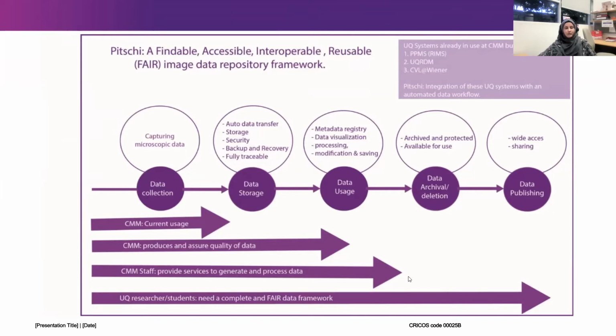But if you go into detail, when our data is stored, it can be done manually or automatically. These kinds of things need to be taken care of when talking about a complete framework. So data transfer needs to be automated. It needs to be secure. For example, in our RDM instrument collections, all the users can access all the data generated from the instrument.